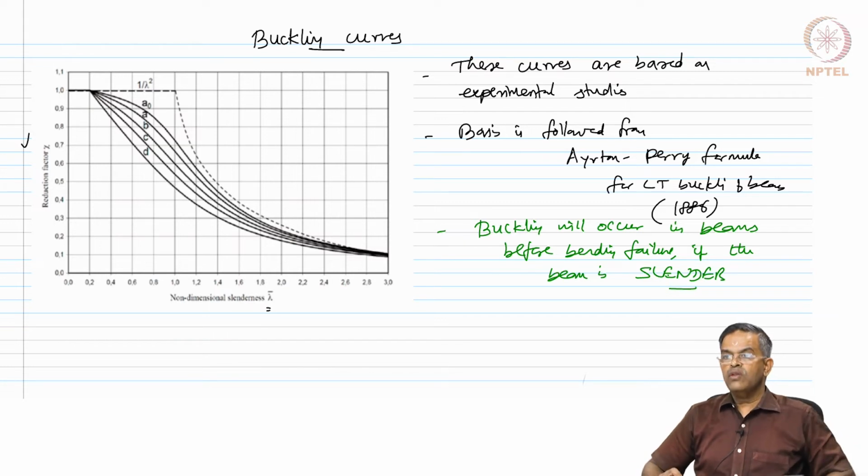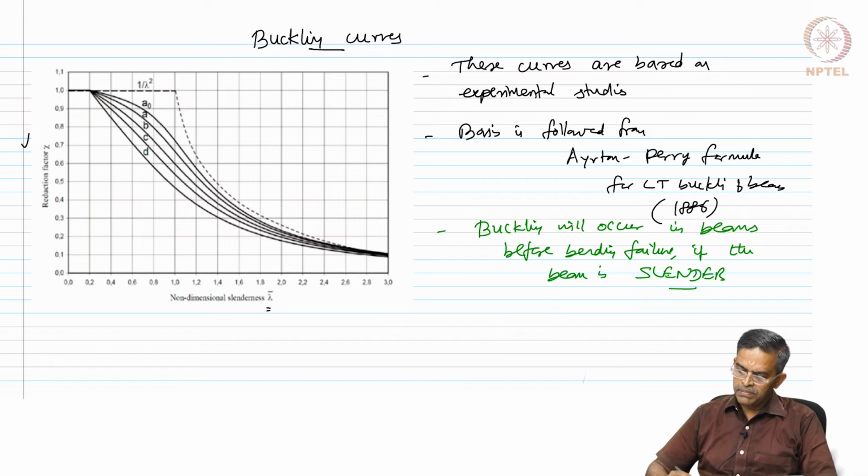So, buckling failure precedes the bending failure. Therefore, in doing this analysis, the buckling factor becomes a very important parameter.